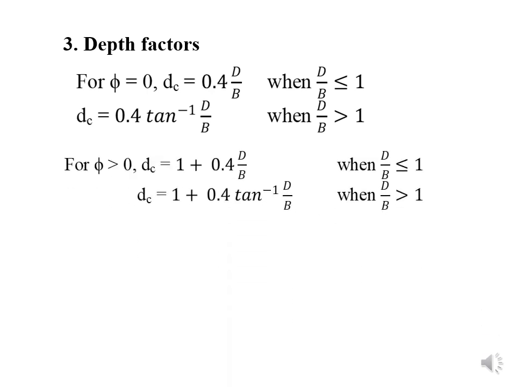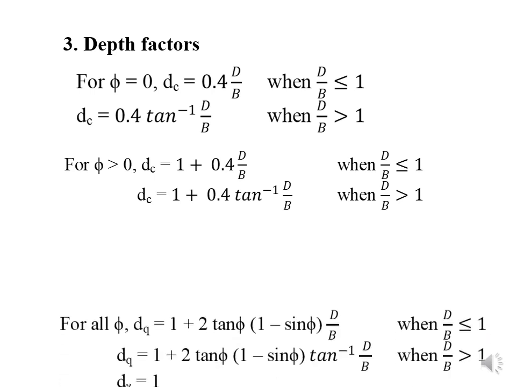When phi is greater than 0, in that case we can calculate the values of DC by this formula, 1 plus 0.4 D by B and 1 plus 0.4 tan inverse D by B, considering the conditions D by B less than or equal to 1 and D by B greater than 1.